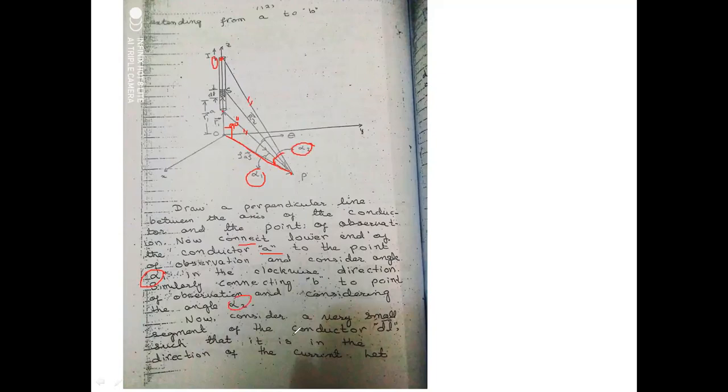Now consider a very small segment of the conductor, dl. This whole length is L, so a small segment dl, in the direction of the current. The direction of dl will be in the direction of current.